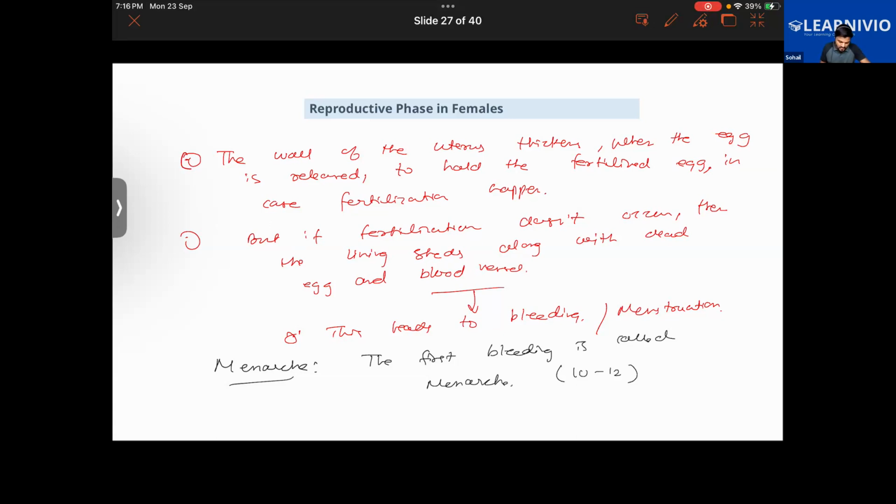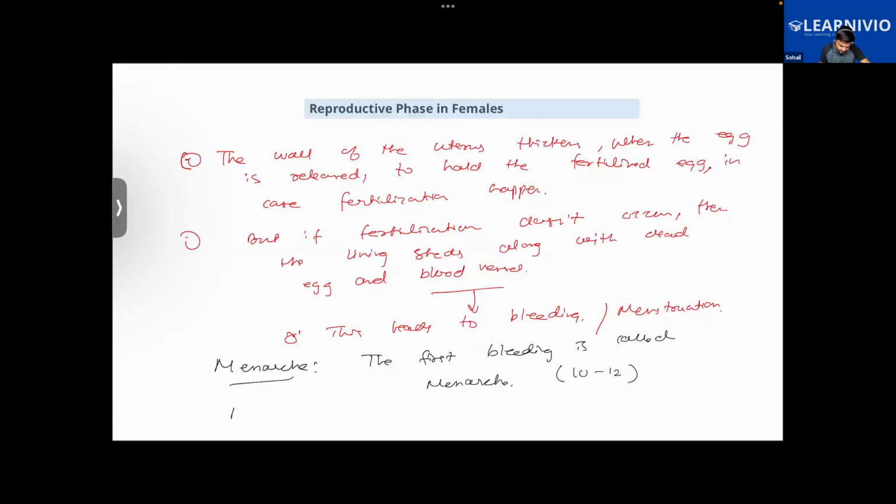Furthermore, we have another term called menopause. When the menstrual flow stops, that will be called menopause.